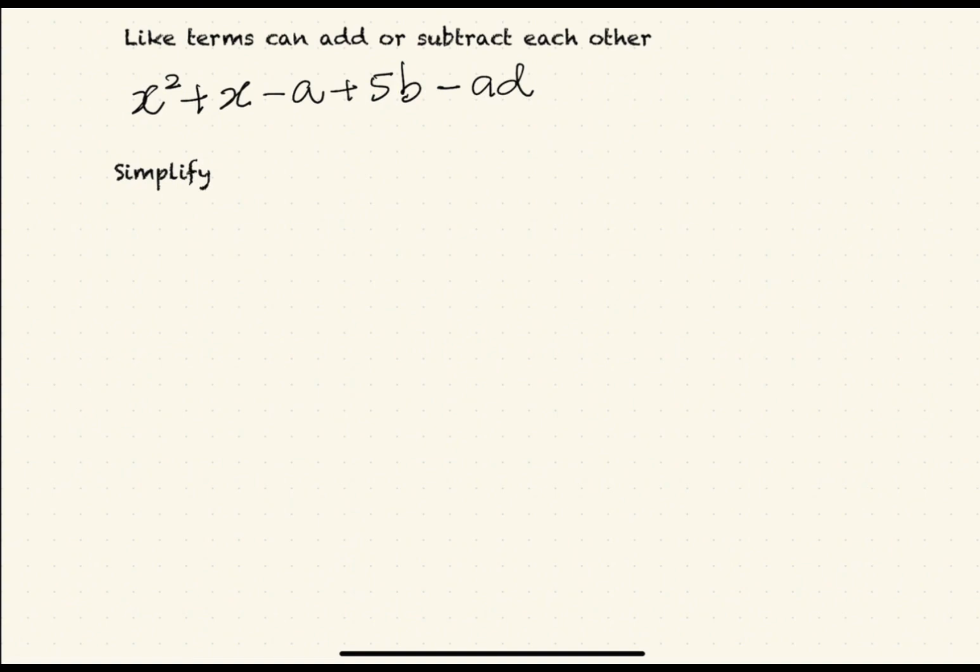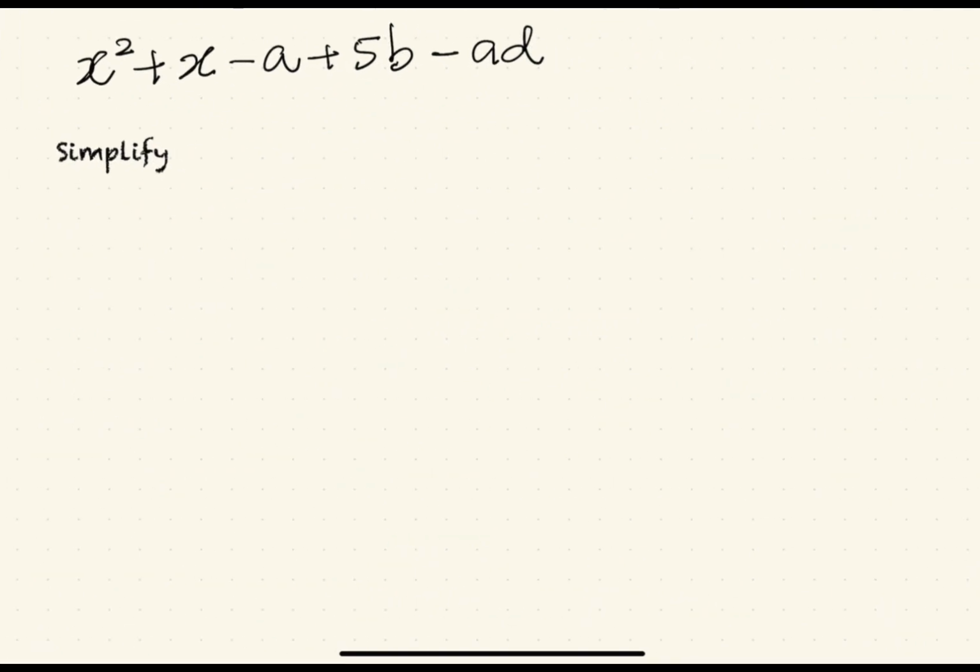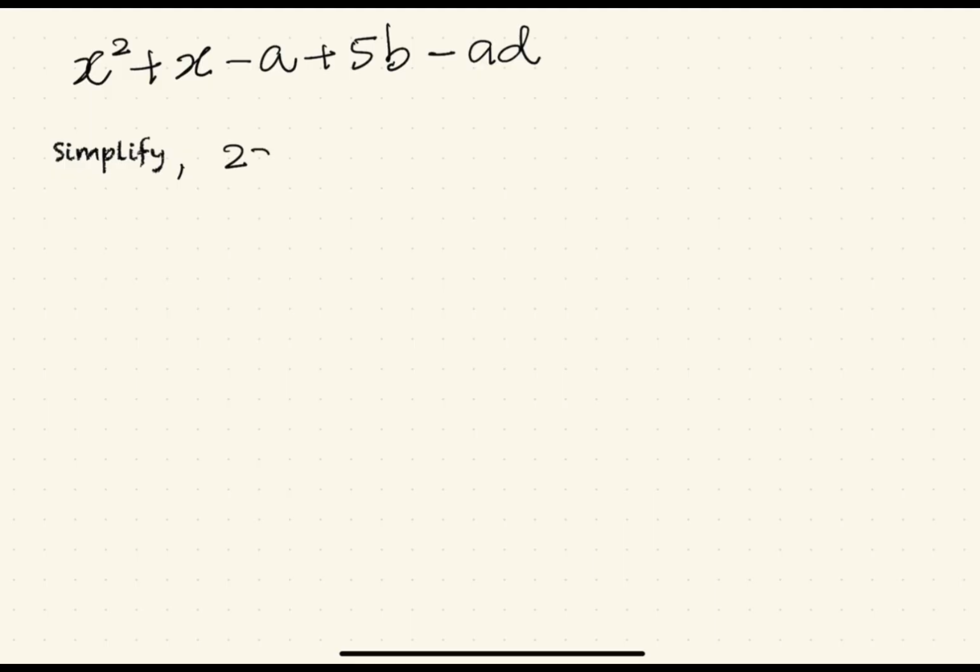I can give you an example. For example, if someone is to say simplify 2x plus b plus 5x minus a plus 2b. So someone's asking you to simplify, and you just have to make sure that you understand what you can do.